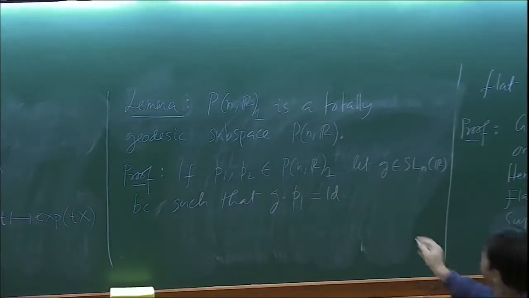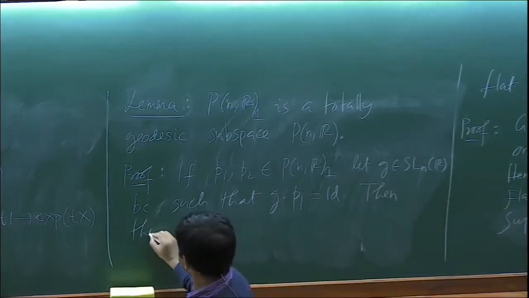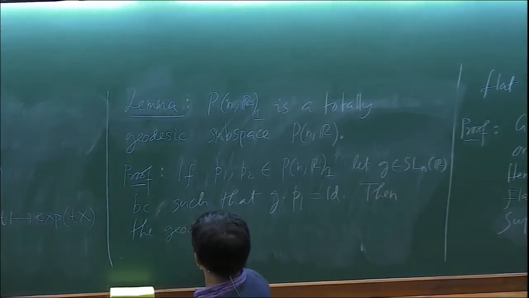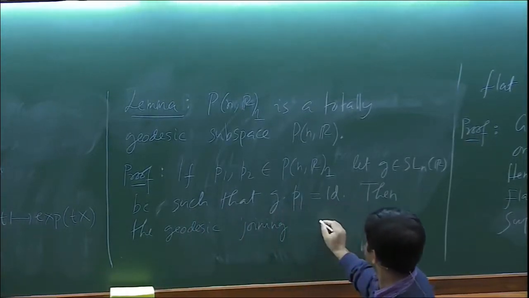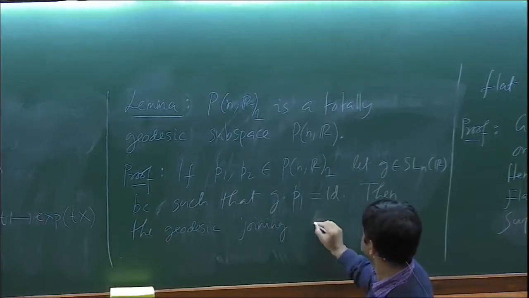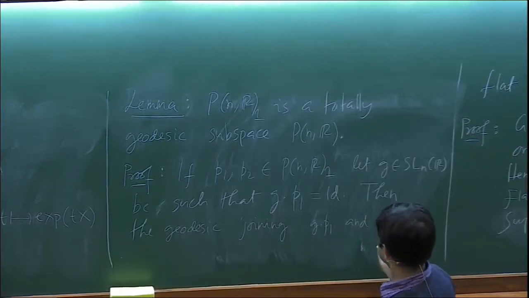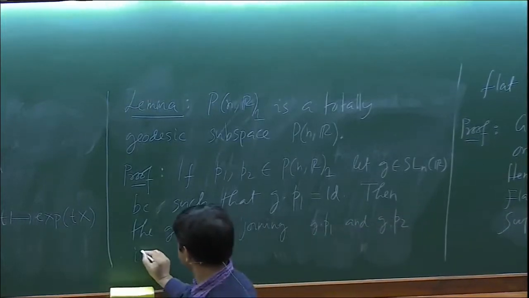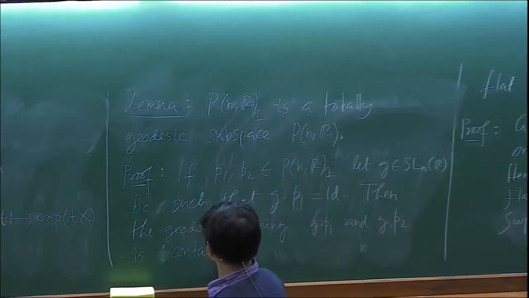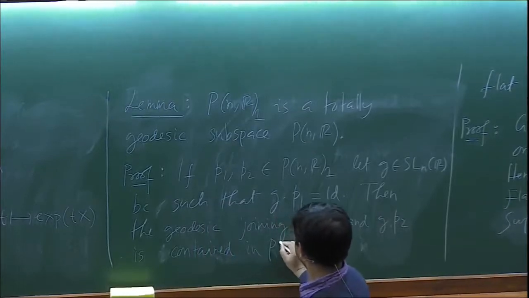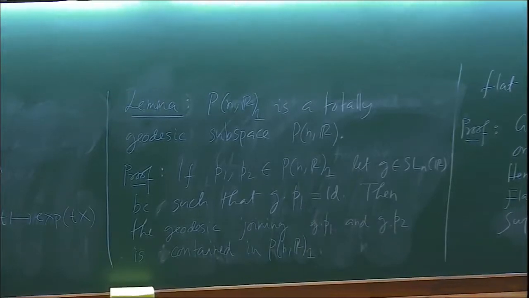Then the geodesic joining identity and g P1, and g P2, is contained inside PnR1 because it is of this form t going to exponential tX.